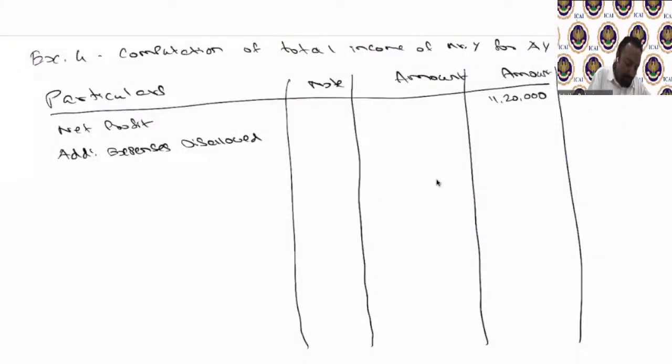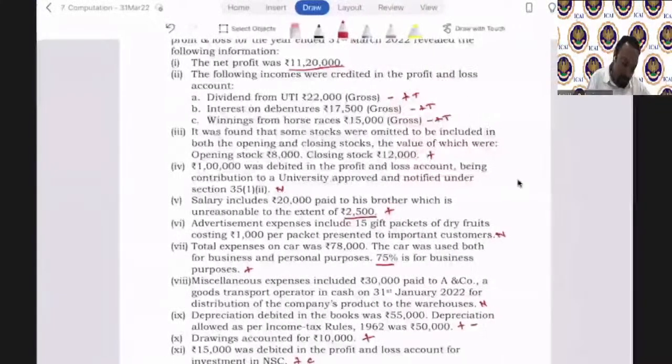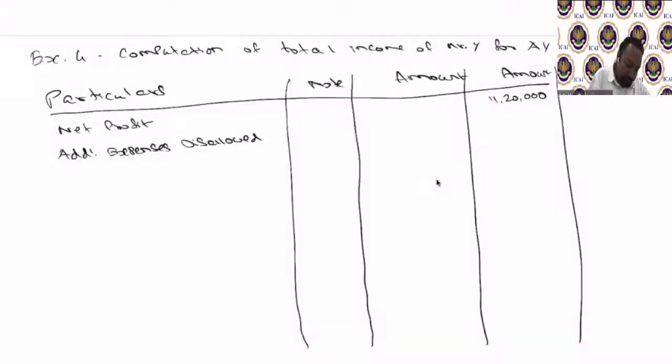So to whom has he paid? Brother, right? Salary to brother under section 40A(2)(b). Okay, so that is 2,500.